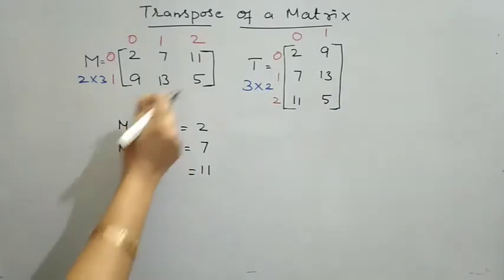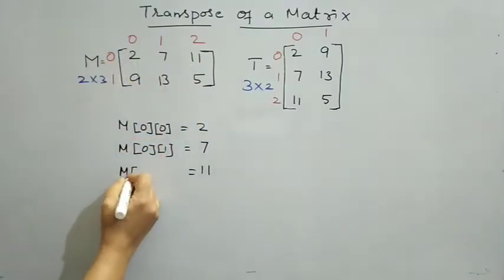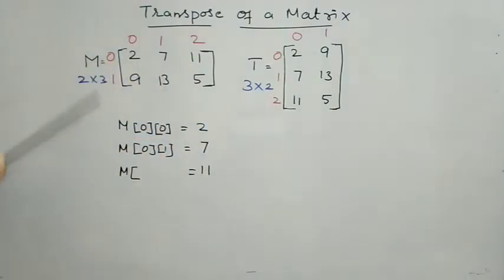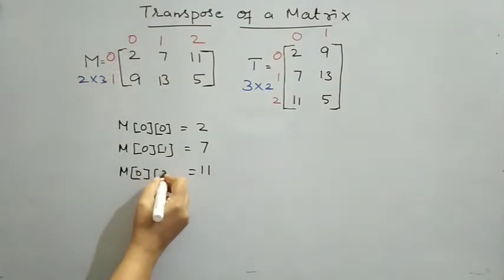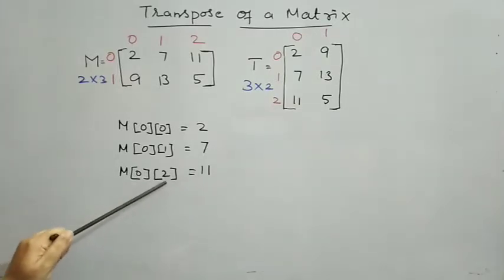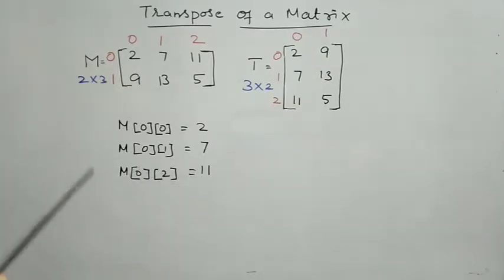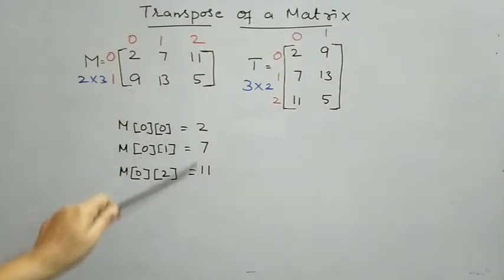And then the element 11 is the third element, in the 0th row and second column. In the second index position, column 2, we have the element 11.